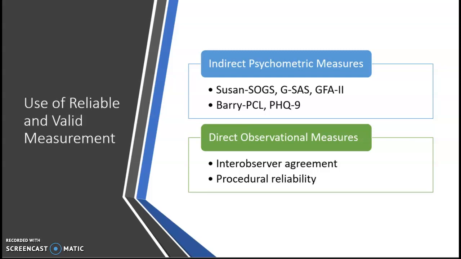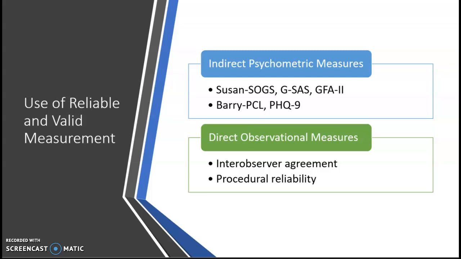Now, the second important factor of interdisciplinary clinical practice is the use of reliable and valid measurement. As I mentioned, they used a number of measurement scales for their respective behaviors and target behaviors that were identified. Susan used the South Oaks Gambling Scale, which I'm not going to give you all the details of in order to save you time, because my presentation on Collaborate went over by quite a bit.